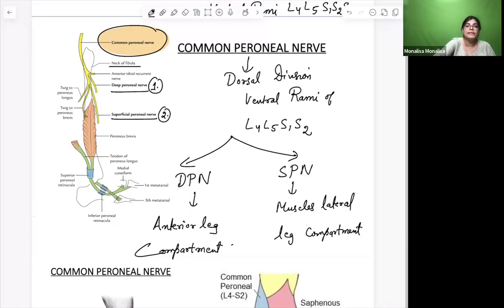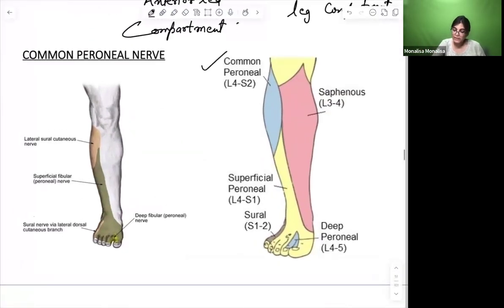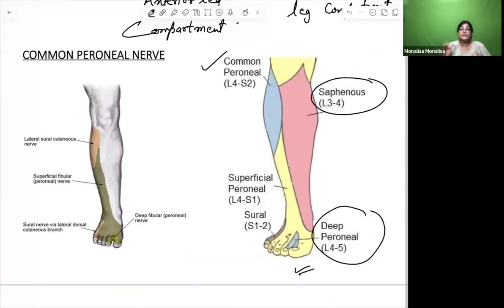Now, it's also important that you pay attention to the cutaneous innervation. See here, common peroneal nerve, cutaneous innervation, saphenous nerve. What is the saphenous nerve? It is a branch of the femoral nerve which will give innervation on the medial side of the leg. And you can see this is the deep peroneal nerve, which is giving cutaneous innervation in the adjacent area of the great toe and adjacent toe.